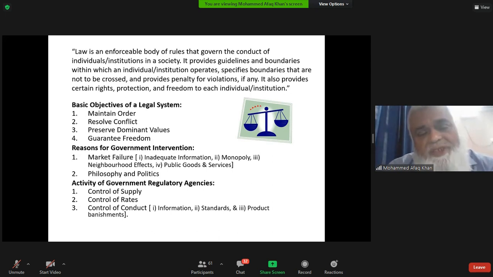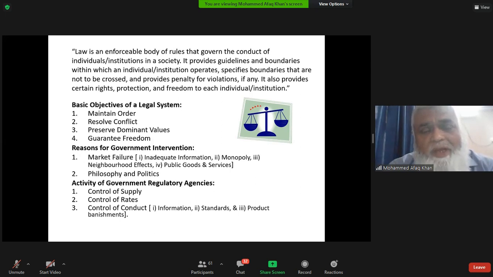Now, this first slide that I have presented to you, I have basically developed it myself, and this particular definition includes every aspect of law. Basically, law is a set of rules.